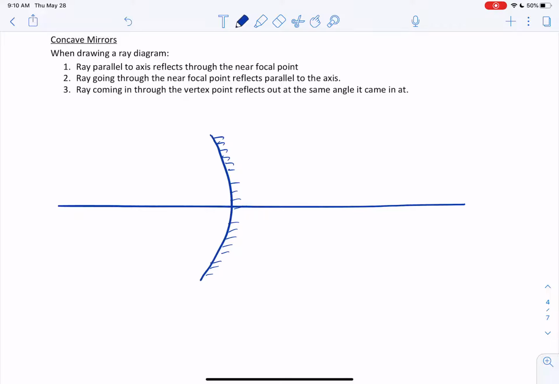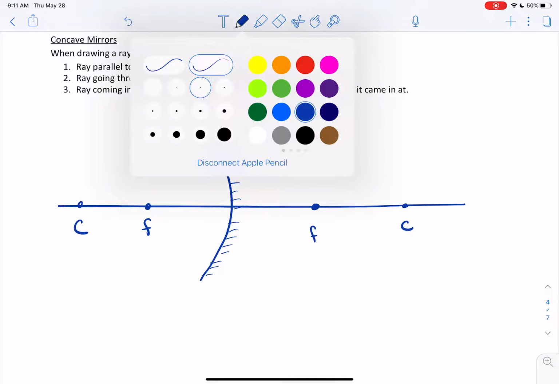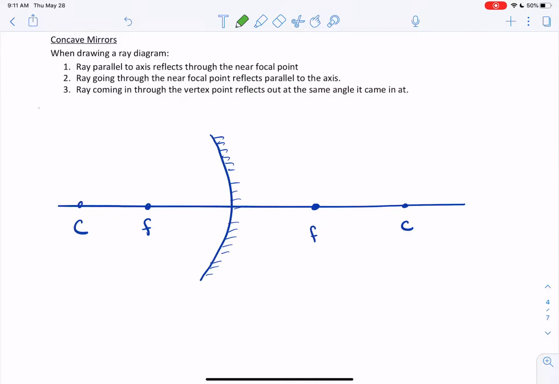And then we put in where our focal point is and where our center is. So we're also going to put it on the other side. So this side over here we're going to call our near. So the near focal point and near center, and this is our far focal point and far center. On this side of the mirror, this is going to produce real images.